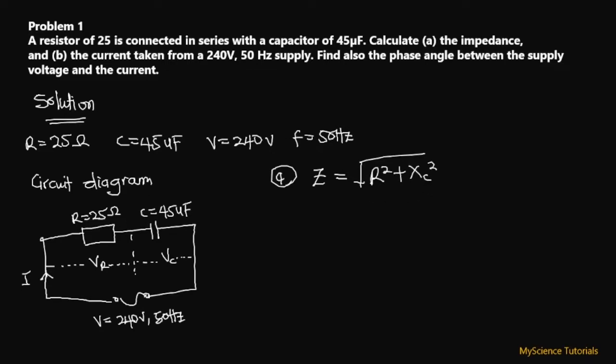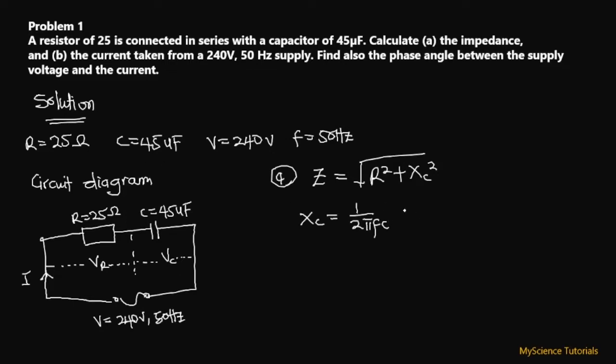Now we have R, which is the resistance, but we don't know XC, the capacitive reactance. The capacitive reactance of a capacitor is given by the formula 1 over 2 pi fC, where f is the frequency of the circuit and C is the capacitance of the capacitor.